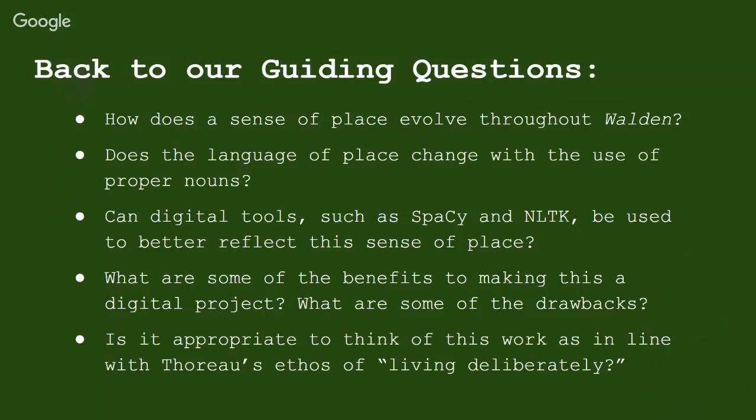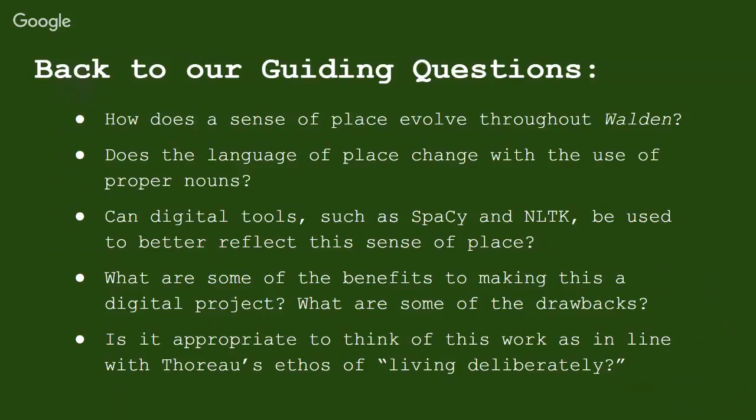But since doing this, going back and reading definitely makes me appreciate more whatever Thoreau is intentionally or unintentionally doing subliminally with his use of common and proper nouns, and how that, even to the reader, if it's subconscious, kind of communicates this message of familiarity being conducive to living deliberately.